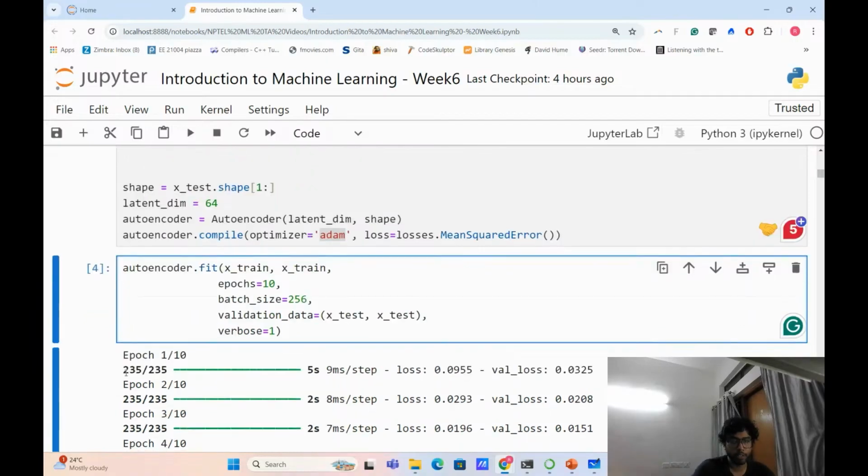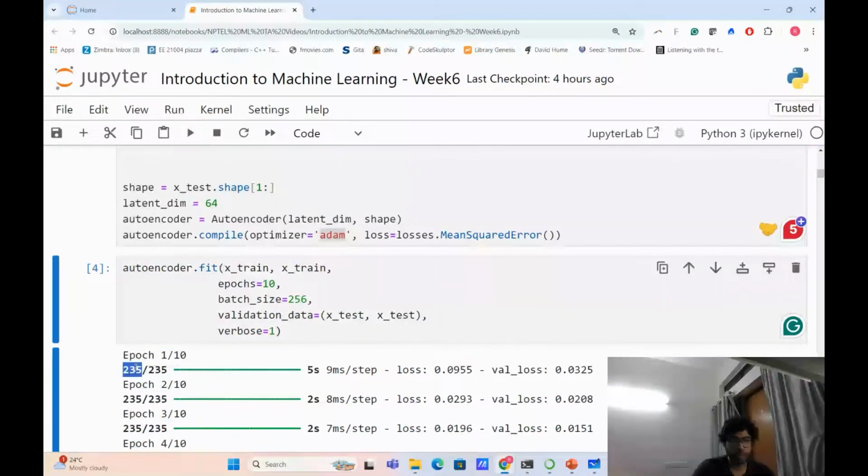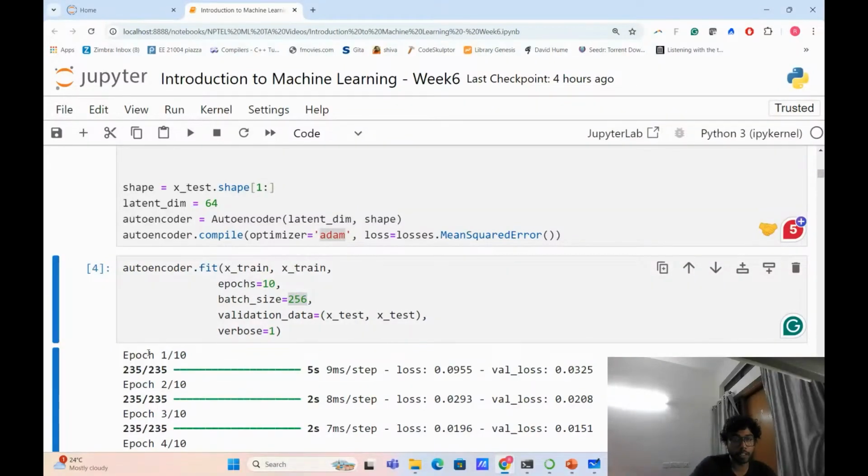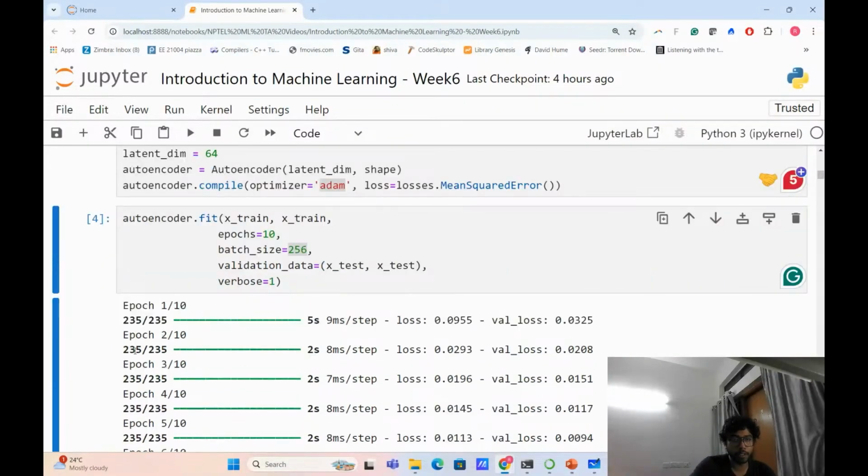So if you see 235 out of 235, that means you have pushed this batch size of 256, 235 times in the single epoch. And then again in the next epoch, you push 256 images 235 times, till you complete your whole data set.